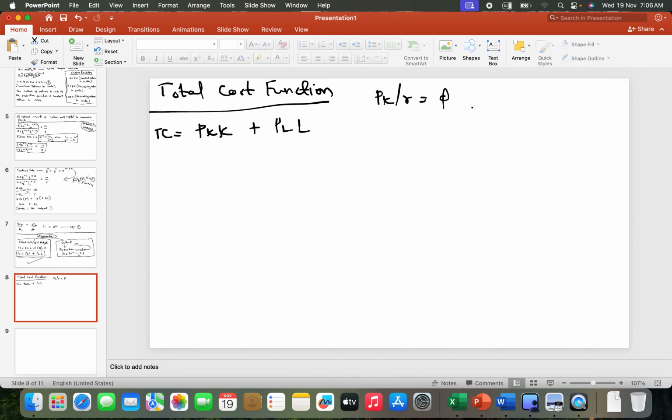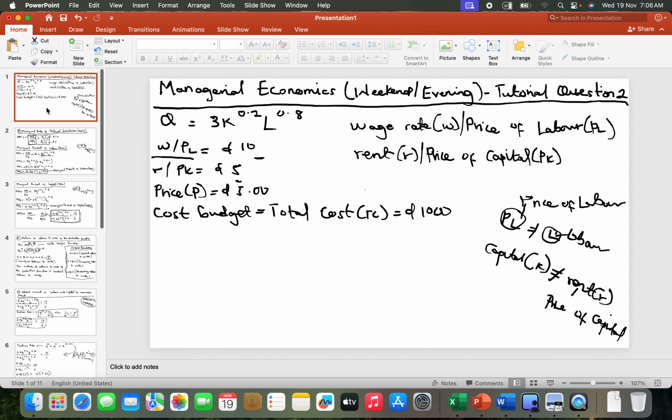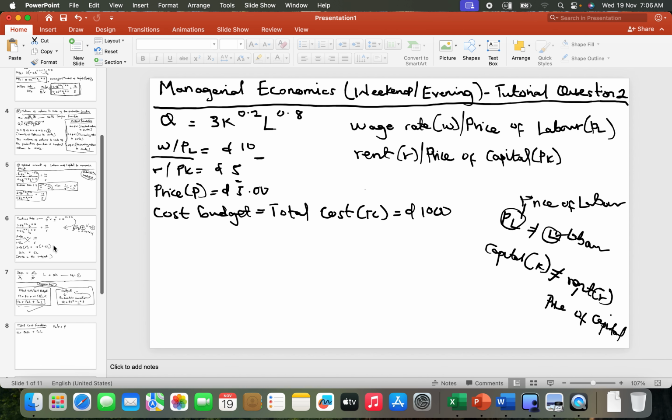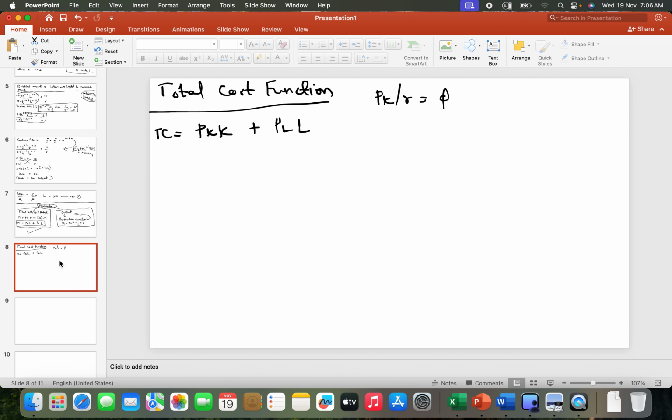Price of capital was given as 5. Price of labor is 10. So this is 5, and price of labor, or W, was 10. And that's in the same question.